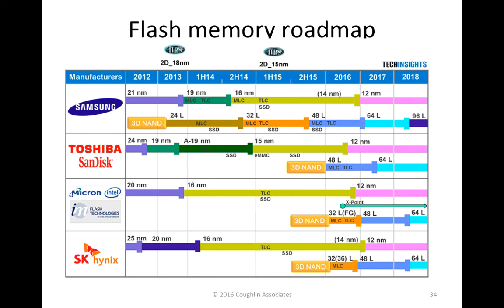Toshiba and SanDisk, now part of Western Digital, have joint plants, and they're now shipping their own version of 3D flash of 48 layers. Micron, in addition, is also shipping their version of 3D NAND. SK Hynix is talking about that as well.